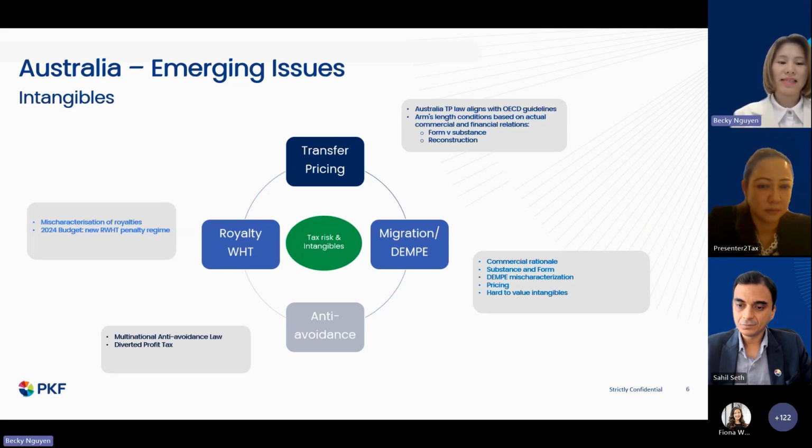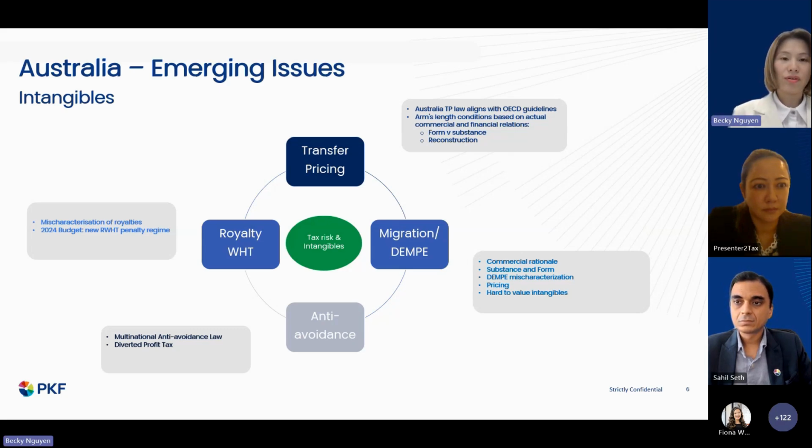So intangible assets can include intellectual property, patents, trademarks, copyright, know-how or business processes. And related party dealings for intangibles may include transfer of intangibles, license of intangibles, or involvement in DEMPE activities, which refer to development, enhancement, maintenance, protection, and exploitation.